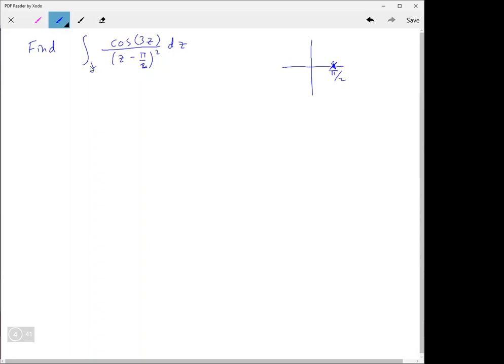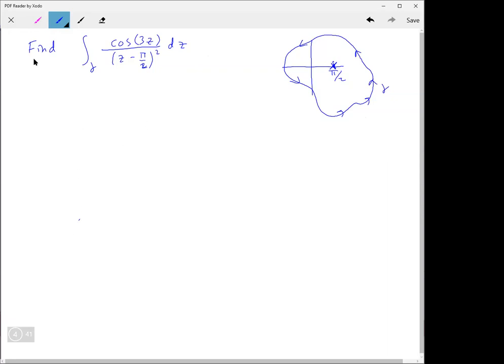Okay, then I'm just going to draw a gamma that's simple and closed with a positive orientation, and then pi over 2 is inside, okay? Because if pi over 2 is outside of this, then the integral is going to be 0, right? So we're not interested in the easy ones.